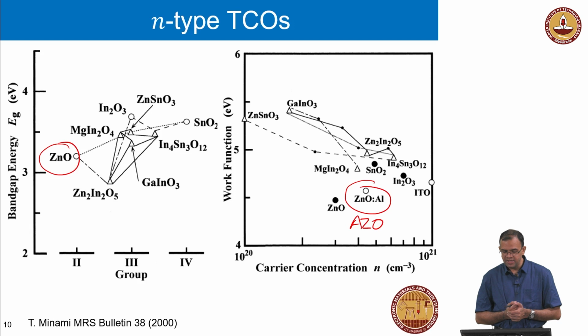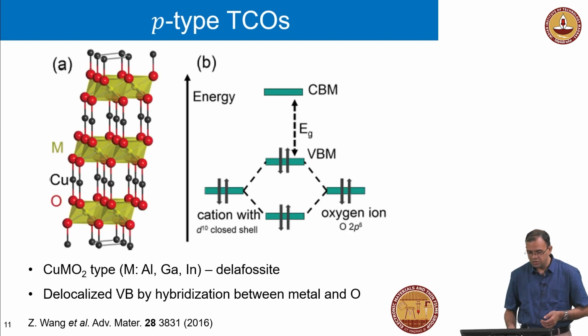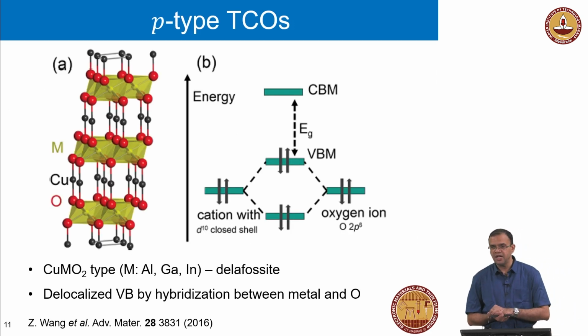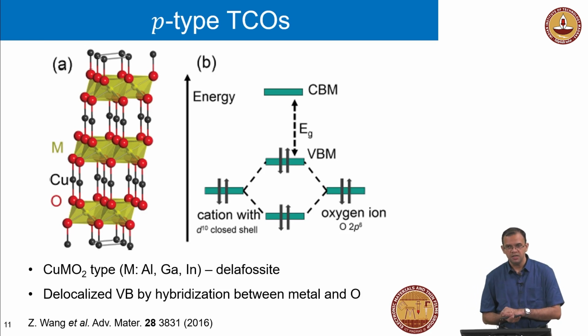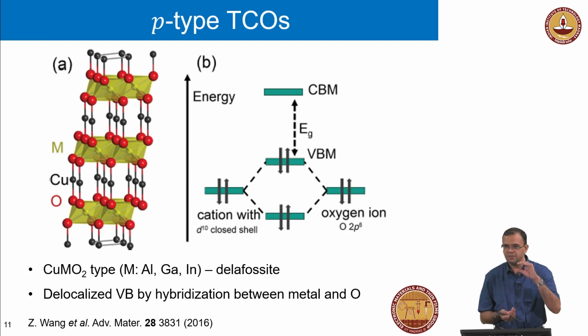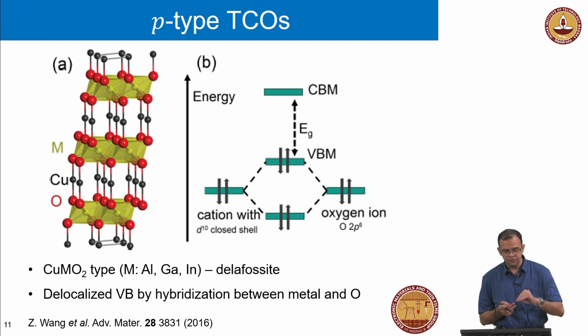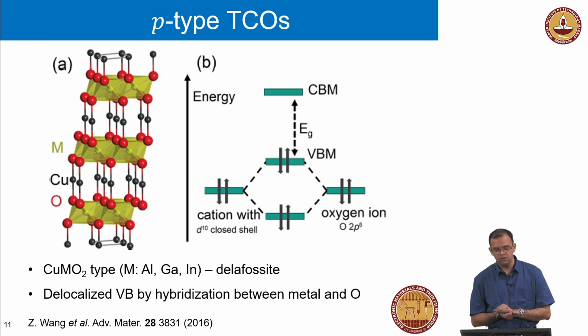If I can have an n-type oxide, then obviously I should be able to have a p-type oxide as well. So there is work on p-type TCOs as well. So now remember, this should be a material where I have more holes than electrons, which means I should have defect states that are located close to the valence band of the oxide, and if I want this to be degenerate, then again I want these defect states to overlap with the valence band of TCOs.